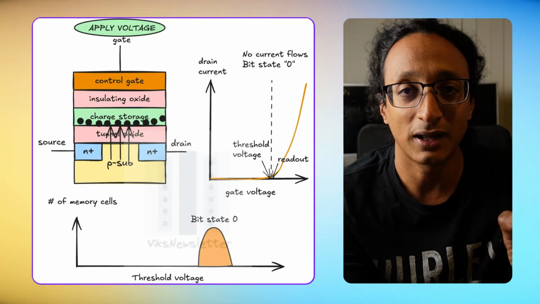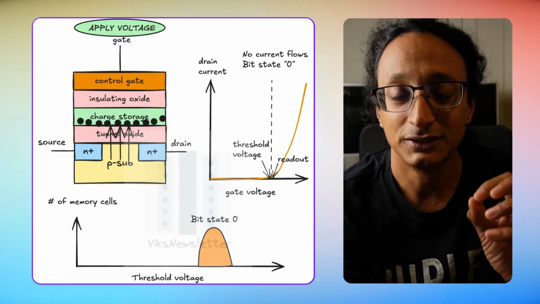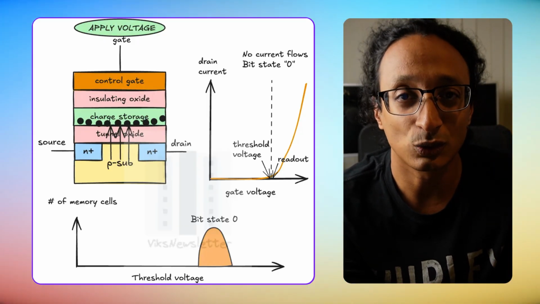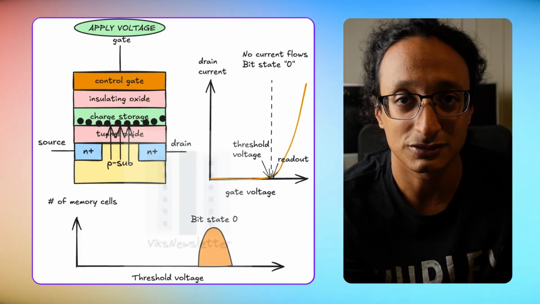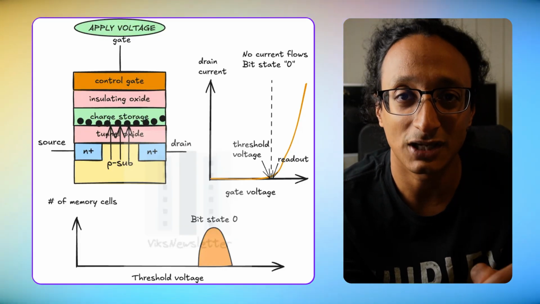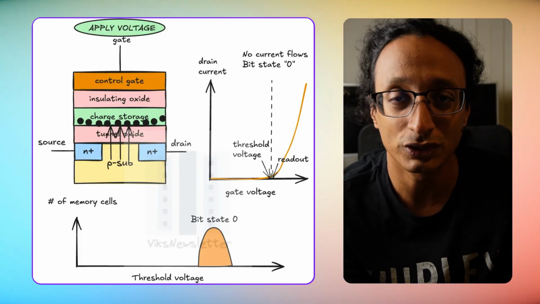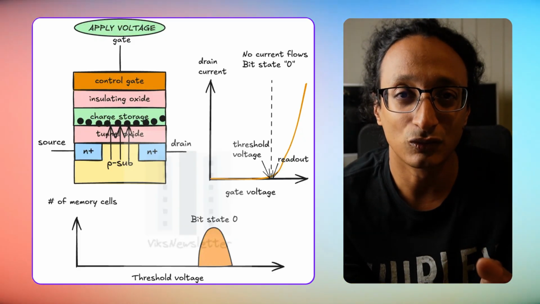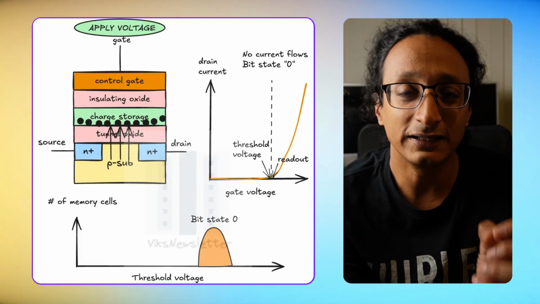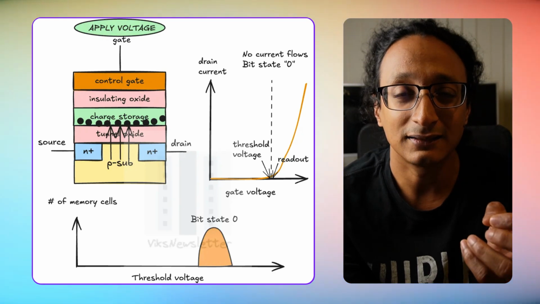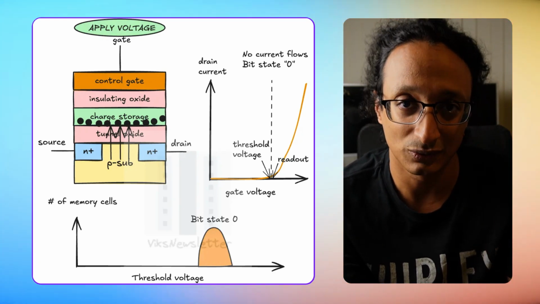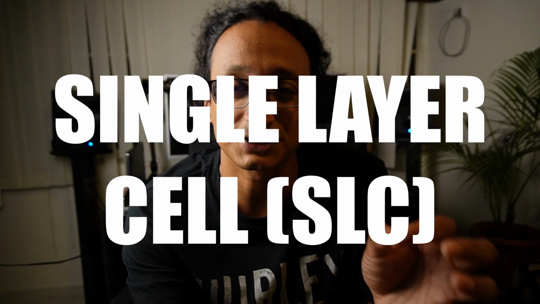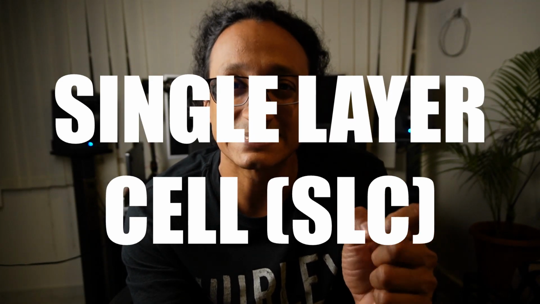When a voltage is applied at the control gate, the charges are pulled from the P substrate into the charge storage layer. And these are predominantly electrons. And so when electrons are present in the charge storage layer, the threshold voltage of the transistor moves to a higher value. And so at the gate readout voltage, now there is very little current flowing, and this represents a bit state of 0. This is called a single layer flash cell, or SLC.